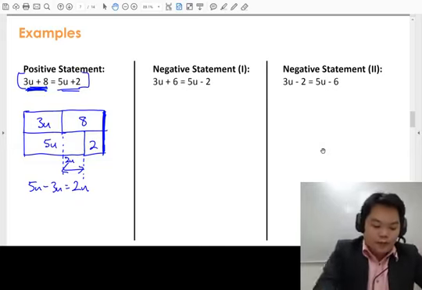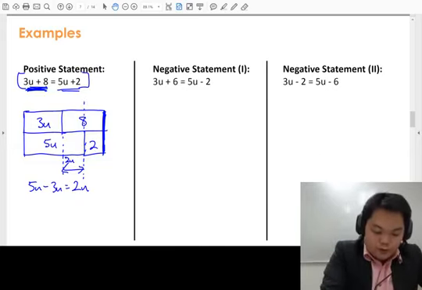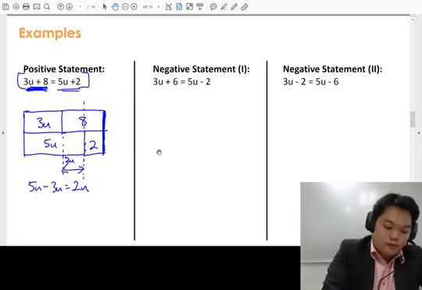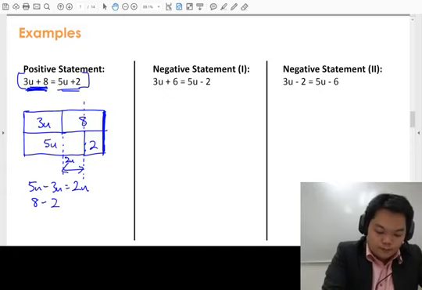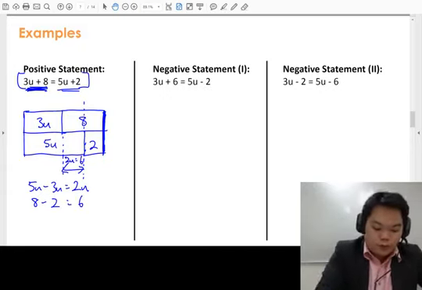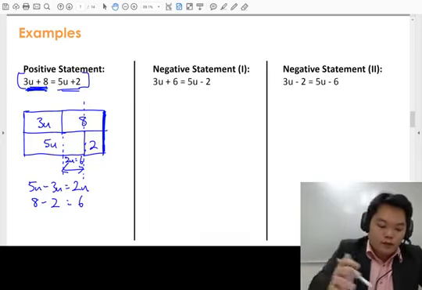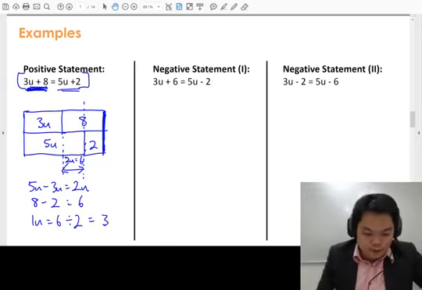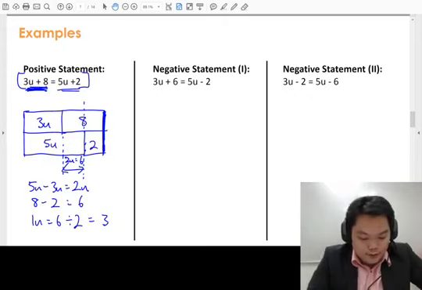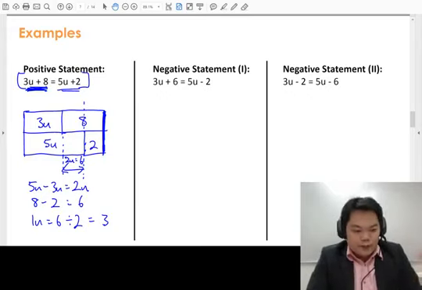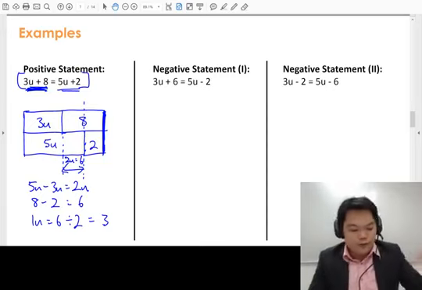And at the same time, if we are to get rid of this 2 on this side, that will leave us with 6. So we can say that 2 units is 6, hence 1 unit must be 6 divided by 2 to give me 3. Okay? So up to here, does everyone understand? The positive statement is the easiest one.